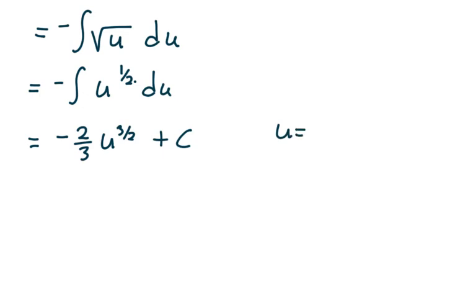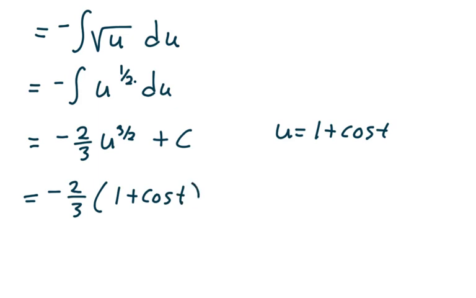But u is 1 plus cosine t. And so the final answer should be negative 2/3 times 1 plus cosine t to the 3/2 plus c. And that's example 2. Example 3.